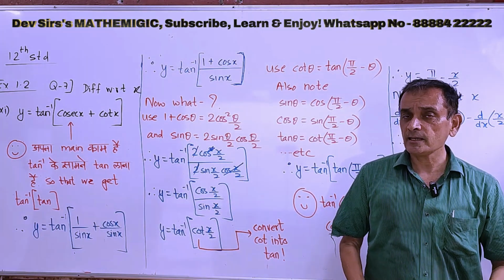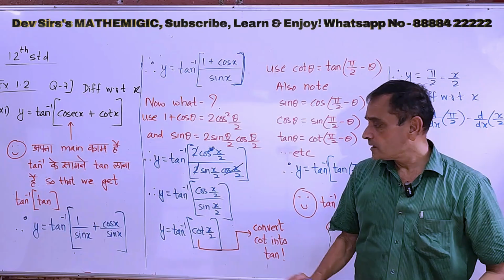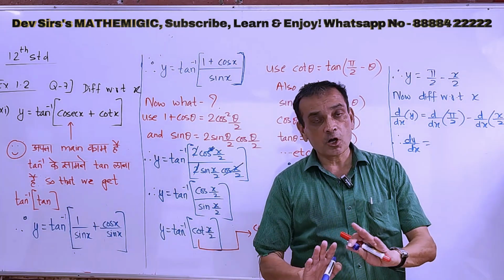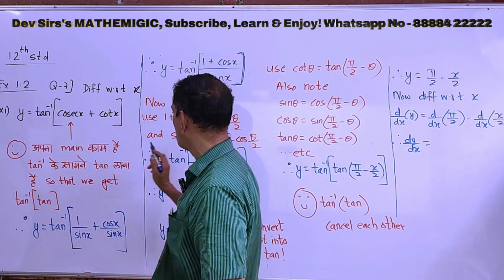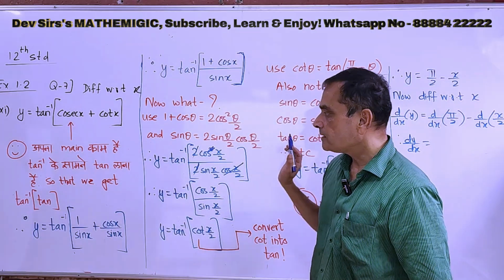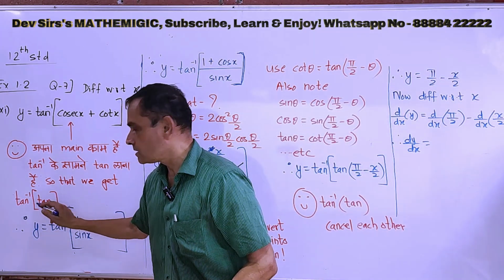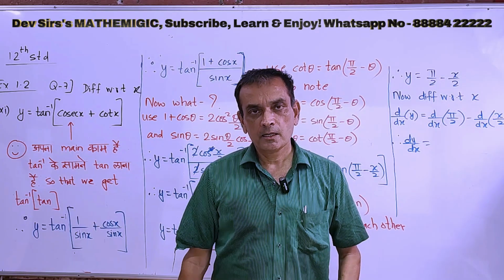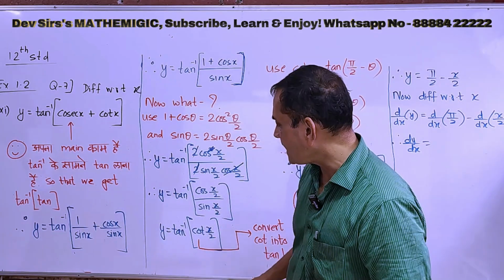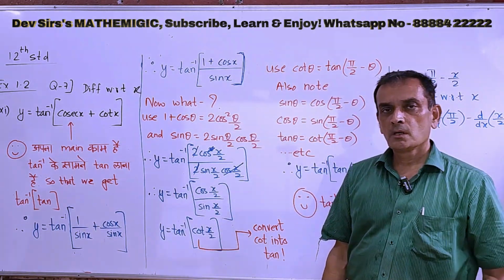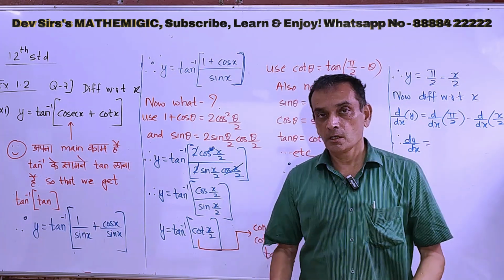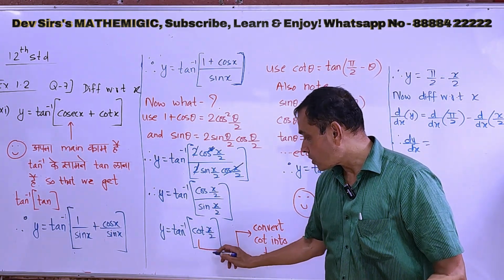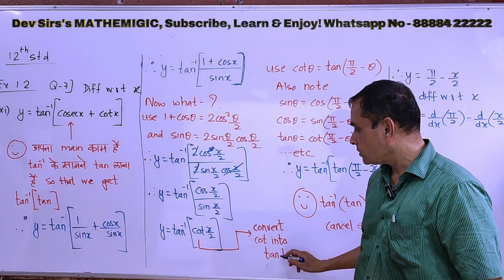Now what to do? Tan inverse cot will not get cancelled. The only thing is we want to get tan inverse tan. That is what we have to bring. Now in certain problems you get tan inverse cot, like in this one. If you get tan inverse cot, remember cot should be converted into tan.